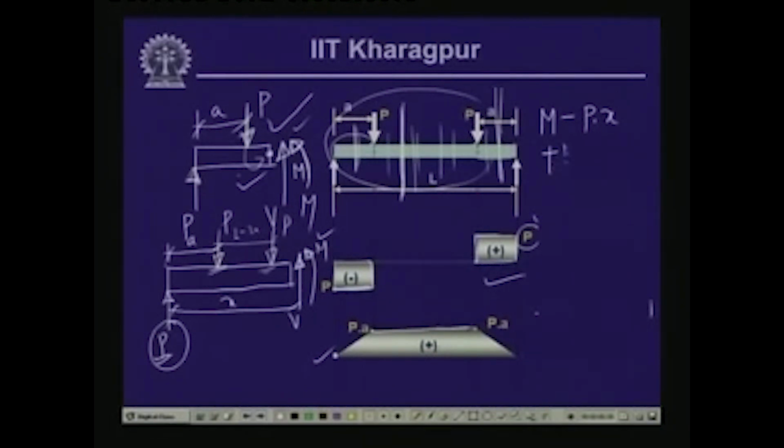So, this is P into (X minus A) plus P into X minus this distance, which is L minus A.